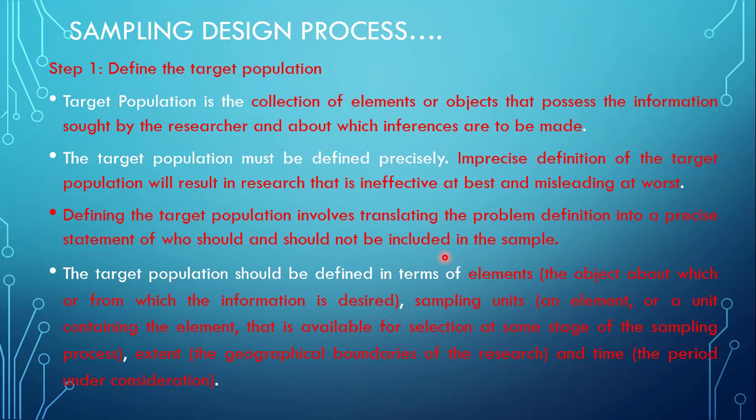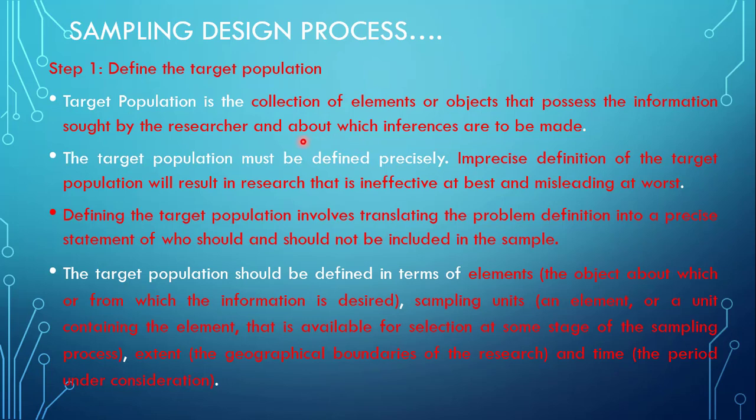The population might be the societies that live in that specific factory area, or the societies that live in that country. These are the target population. When you say target population, it is a collection of elements from which you as a researcher would like to get information.